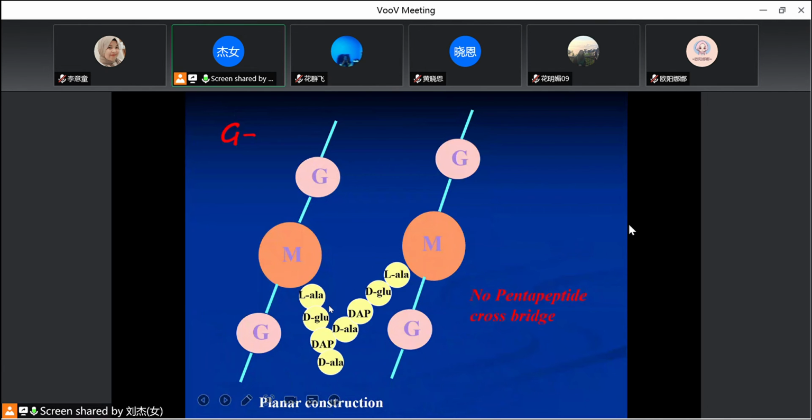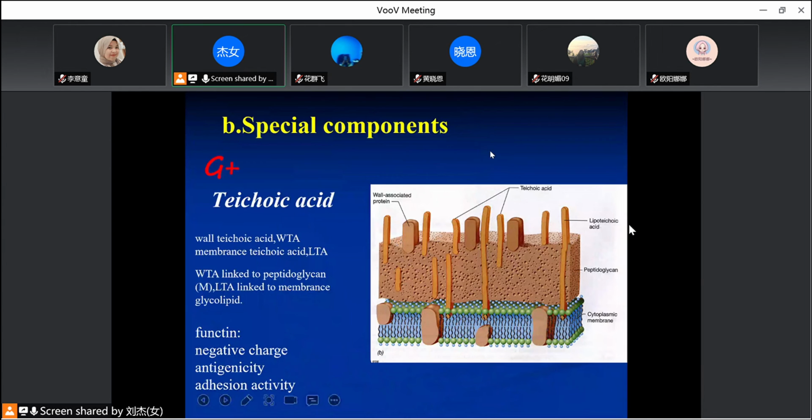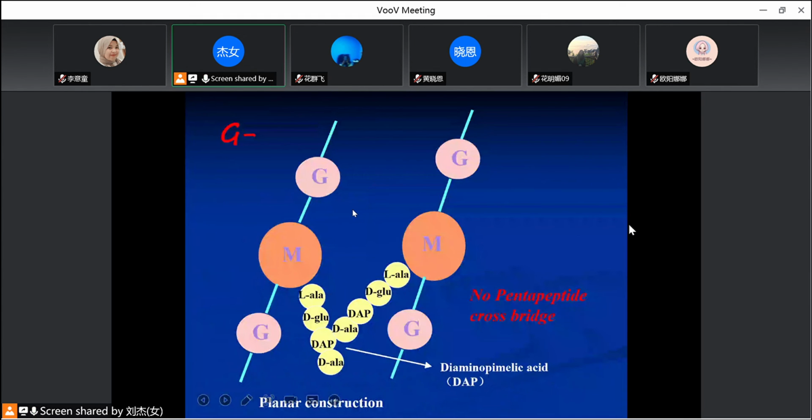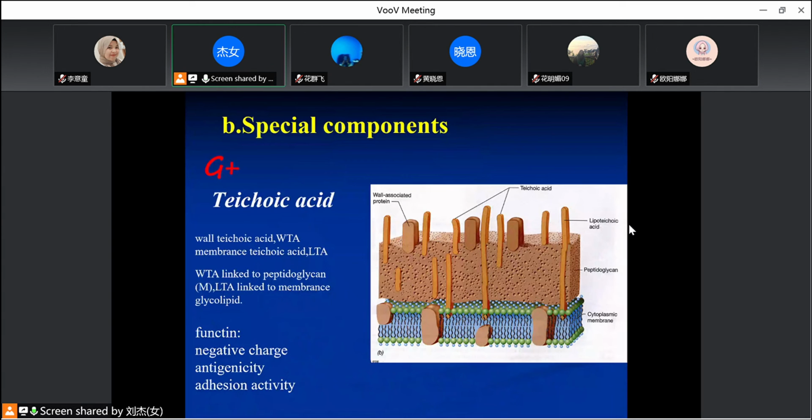So they just form a very loose connection with each other. The cell wall of gram-negative bacteria is much more loose, not as tight as the gram-positive bacteria.